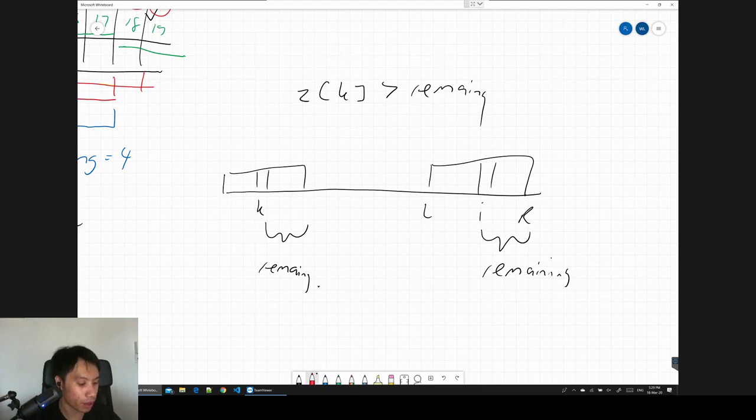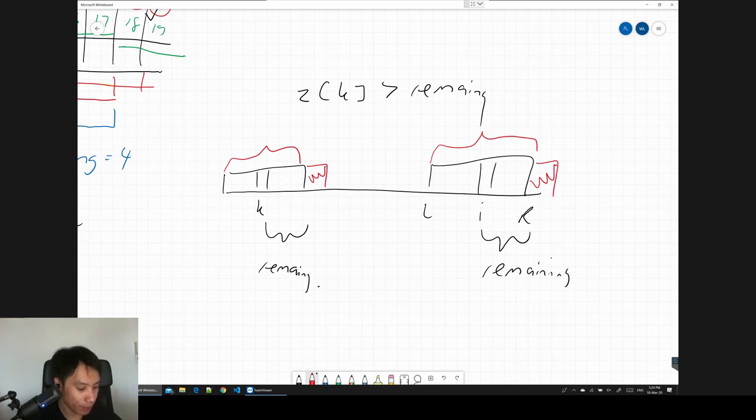First thing first, because they are in the Z box, you know the characters in the box are the same. Number 2, you know the next character outside of the box is not the same. What happens when Zk is greater than remaining?